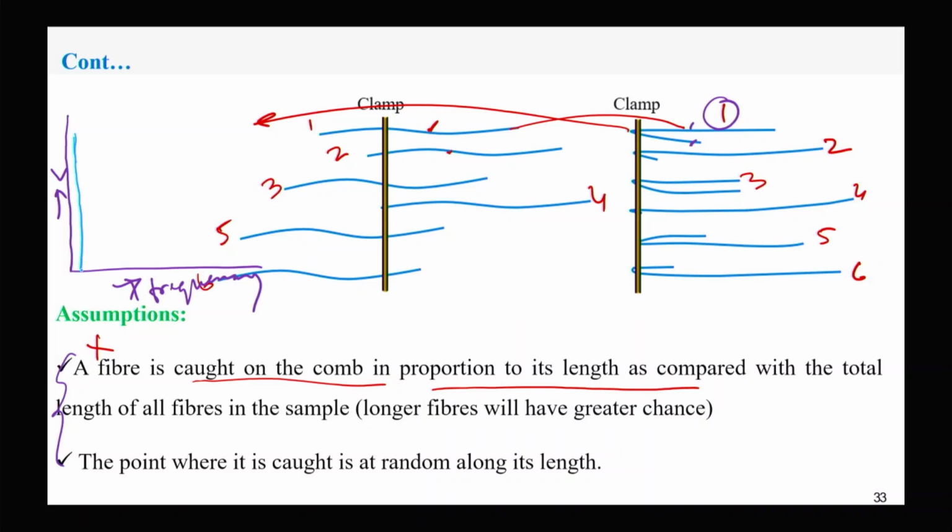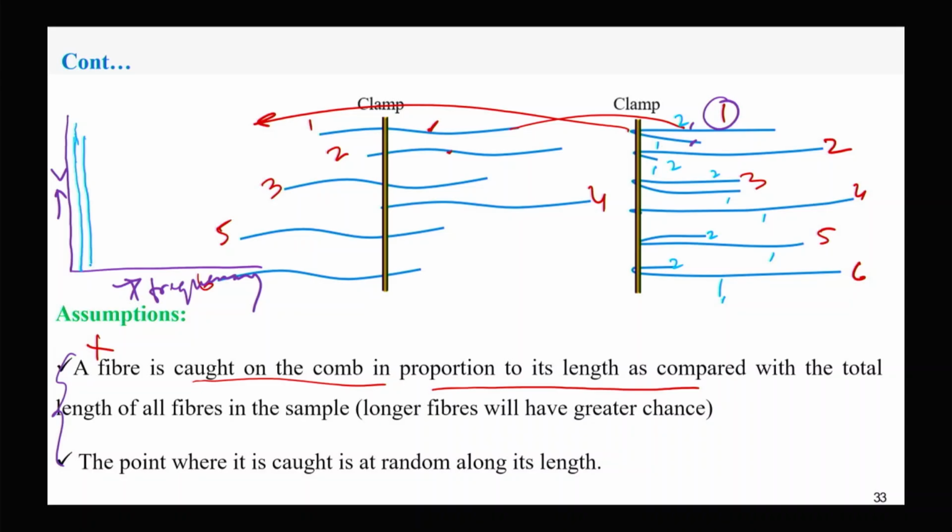Next fiber will be number 6, this part. This is part 1, this is part 2. 1, 2, 1, 1, 2, 1, 2, 1, 2 in this fashion. So 6, part 1 we are taking, which is less than the 4, definitely.